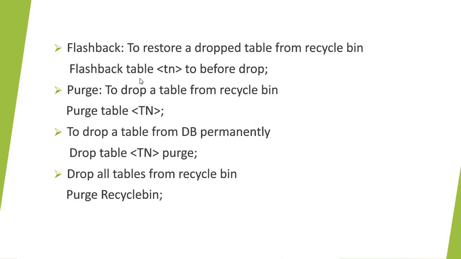Flashback table, table name to before drop. This is the command to restore any dropped table from the database if it is in the recycle bin. Any dropped table from the database will be stored in the recycle bin. We will get that back to the database again by using this flashback command.